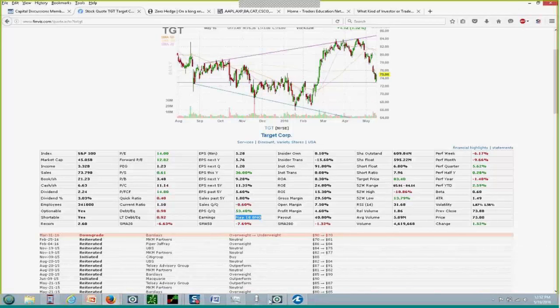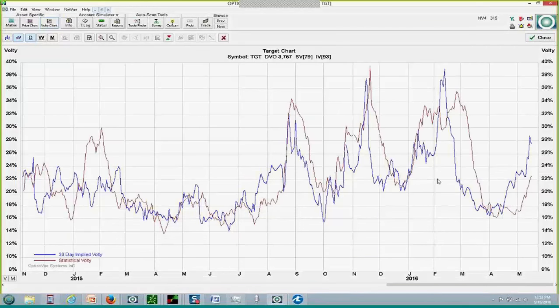And so if I go back over to OptionVue, and if I'm saying that we're at a 27% implied volatility with a most likely crush, let's say down to 20, so we're going to suspect that there could be a 7% drop in implied volatility.